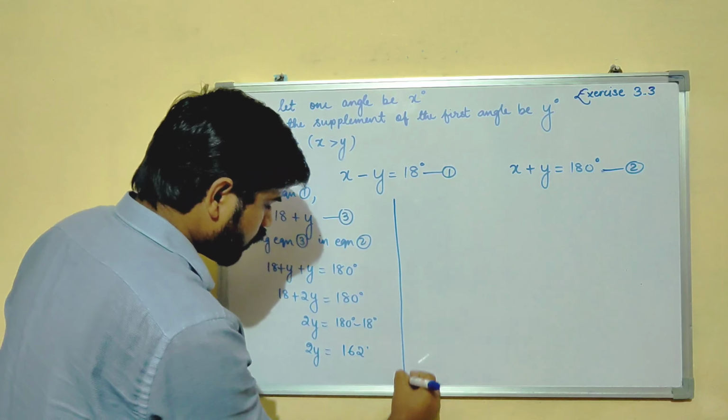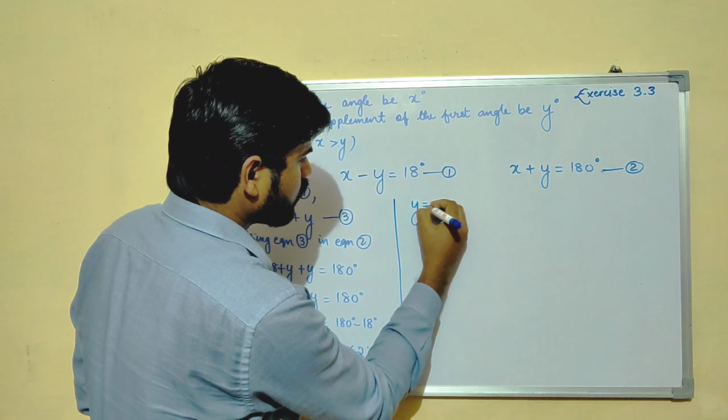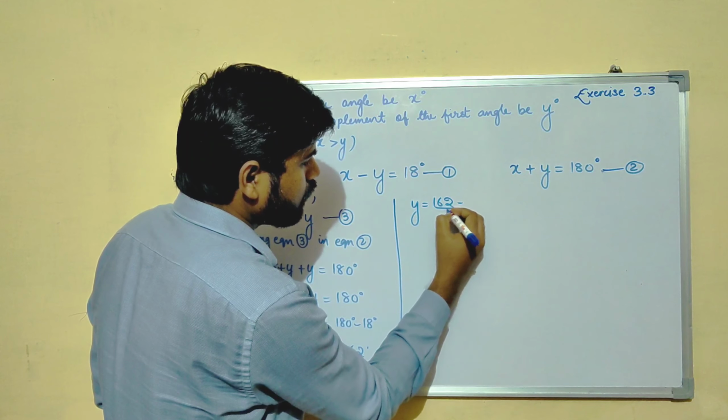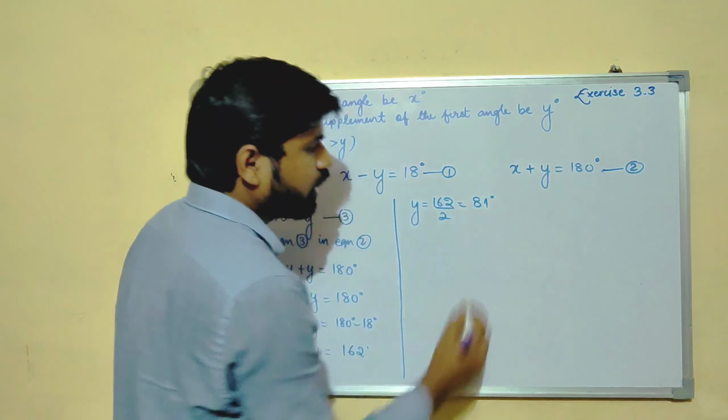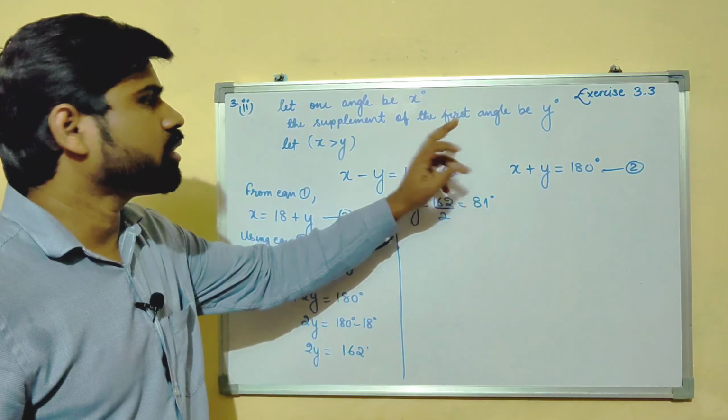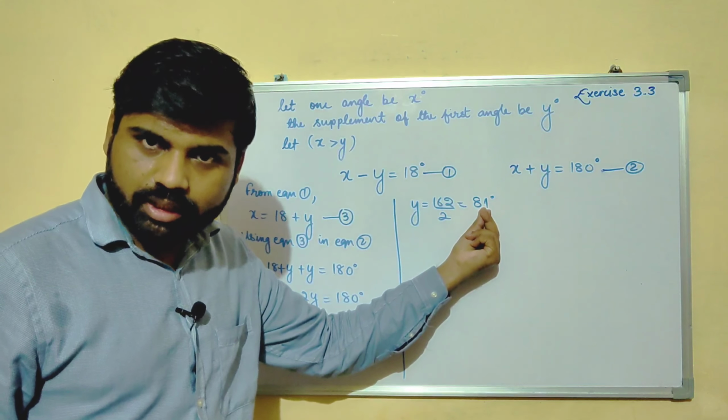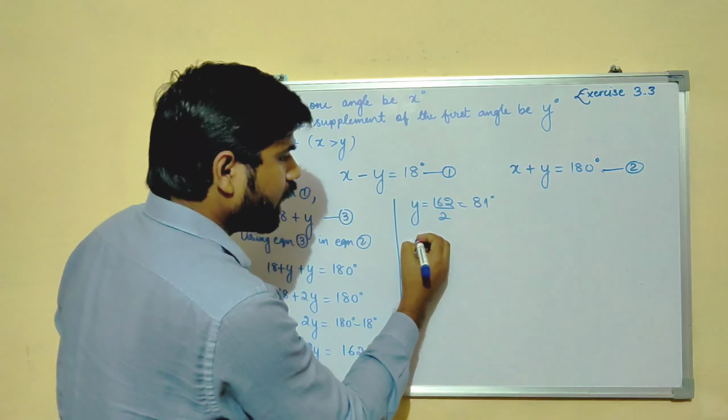So the value of y will be 162 upon 2, that is 81. So the value of the second angle, that means the supplementary angle, is 81. The supplement of the angle is 81.